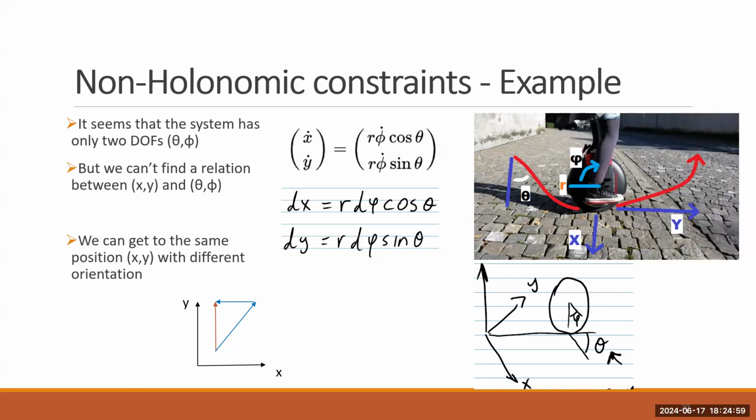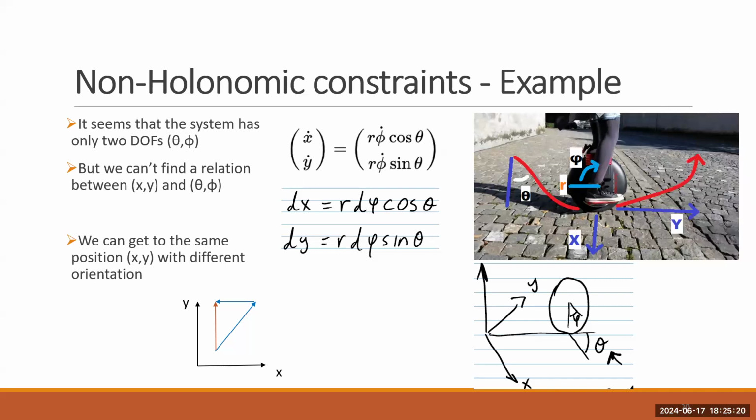So that was a chapter on constraints. We'll use it later on when we talk about dynamical systems with constraints and how we solve them. But currently, just keep this in mind.